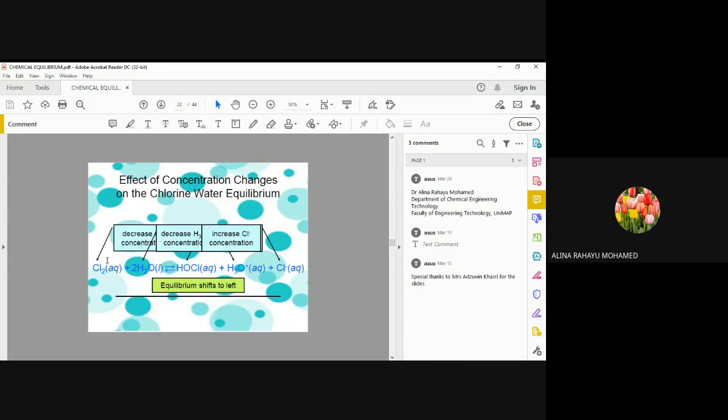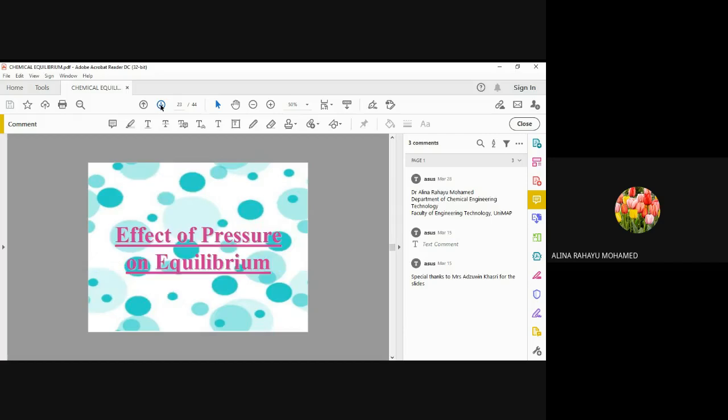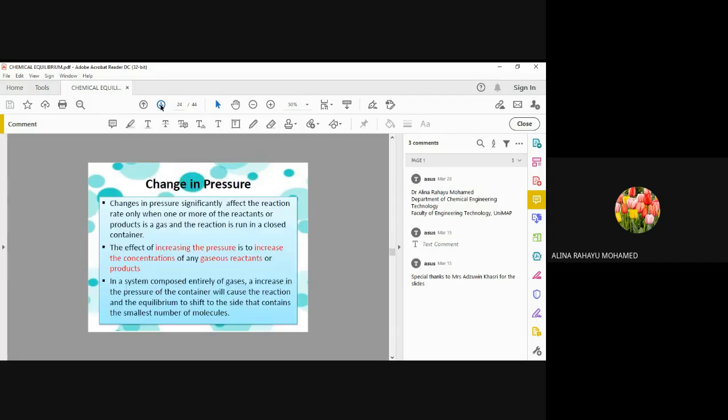If we decrease the concentration of Cl2 and H2O, and also increase the concentration of Cl- and H3O+, that will shift the equilibrium to the left, towards producing more Cl2 and H2O.